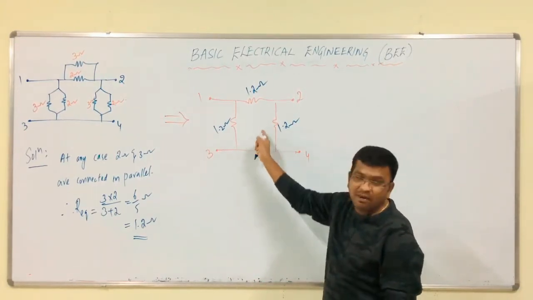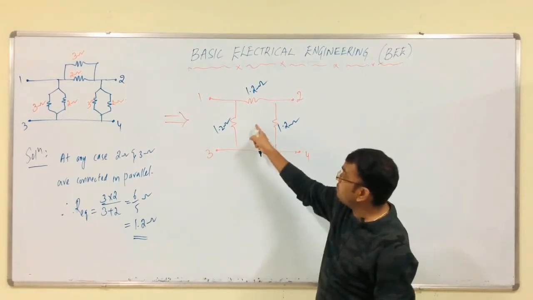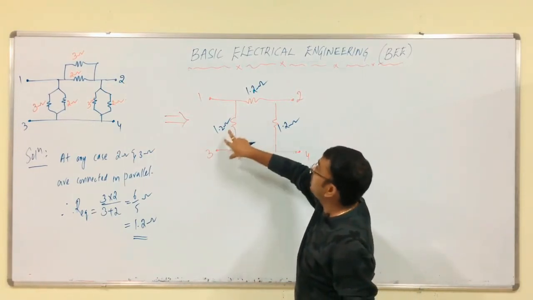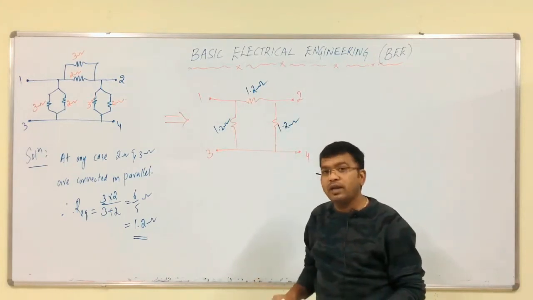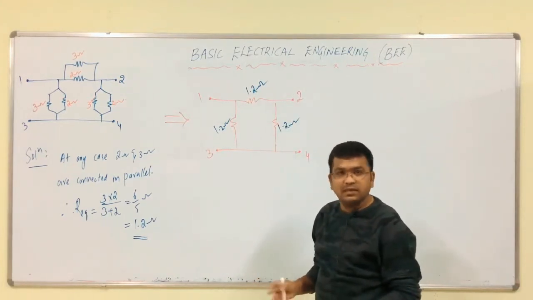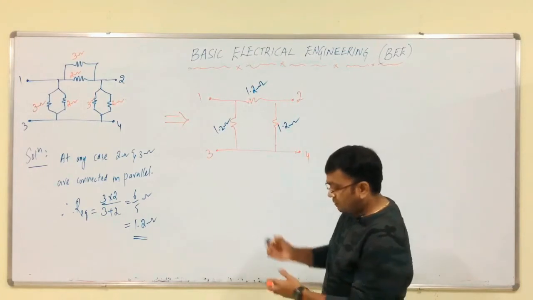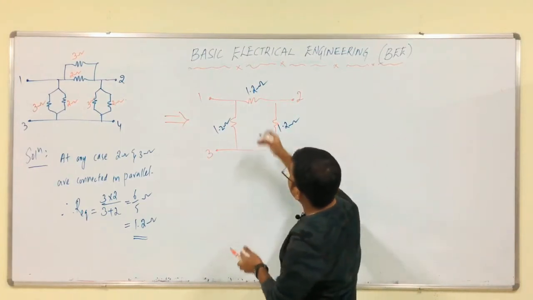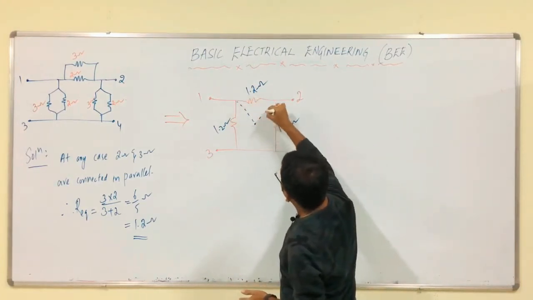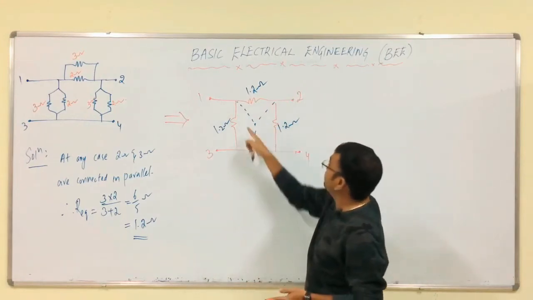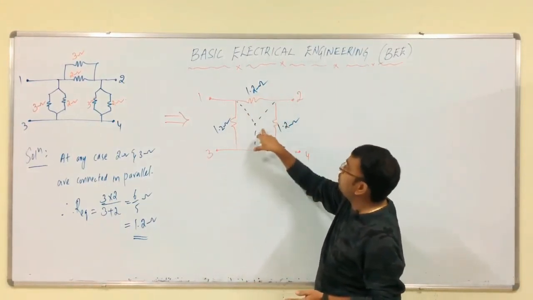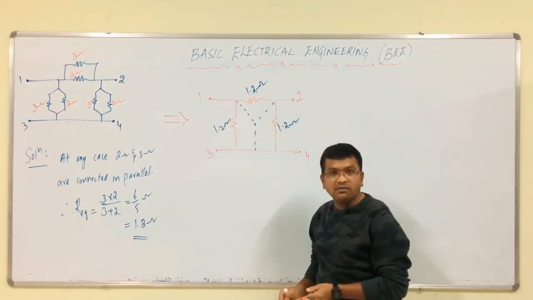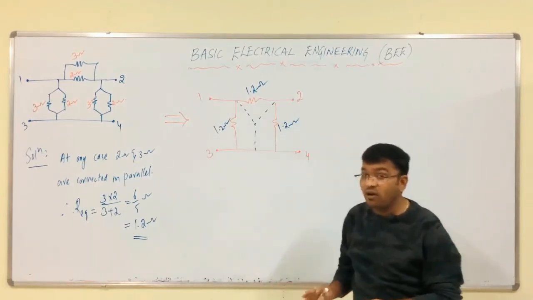So, this is nothing but delta. In a delta connected network, each branch resistance is 1.2, 1.2, 1.2. But what about in case of star? Simple, we have a formula. We have to convert this into star. This is nothing but star, no? So, we have to convert this 1.2 ohms to a star connected network. What is the observation we got?